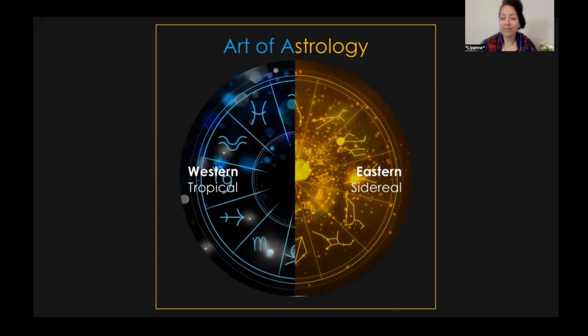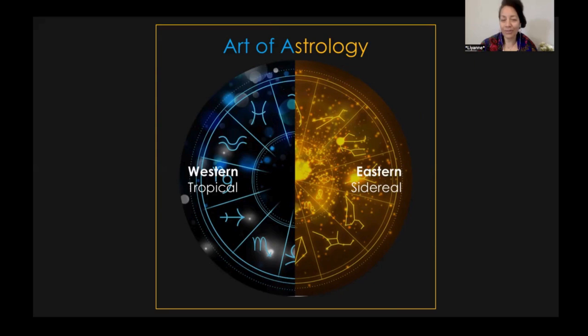And the stars are used as signposts for when we are in the year. Those signposts have shifted over millennia. And so what we see in the sky no longer matches what we're using as a zodiac sign.